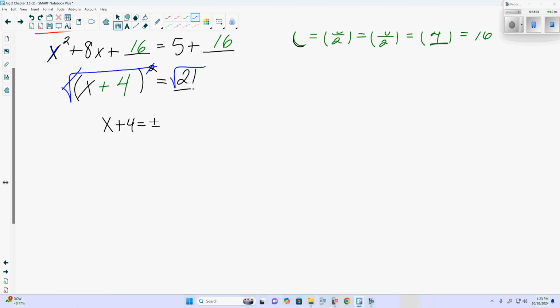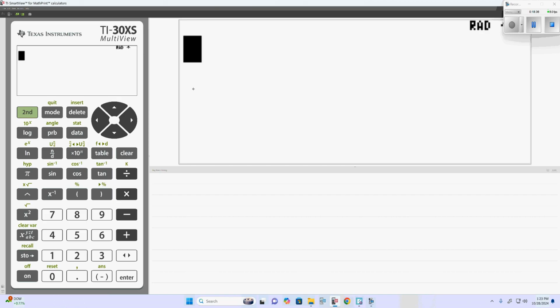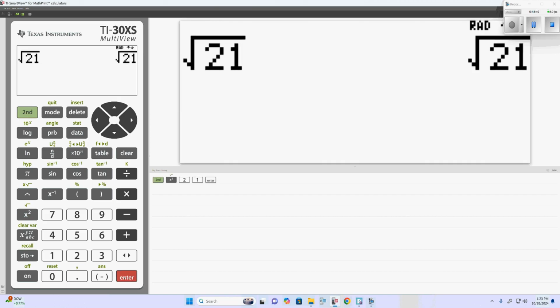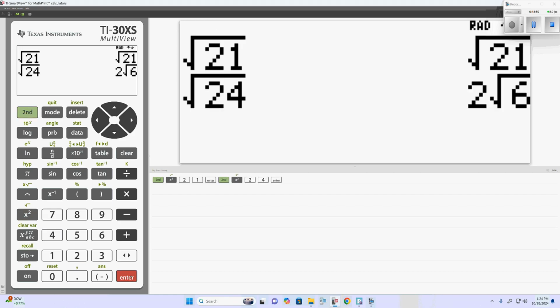Now we need to find the square root of 21. Well, we'll take any of our square roots and simplify them if possible. Well, the square root of 21 is square root of 21. Because if it was, say, the square root of 24, well, that simplifies to 2 square root of 6.